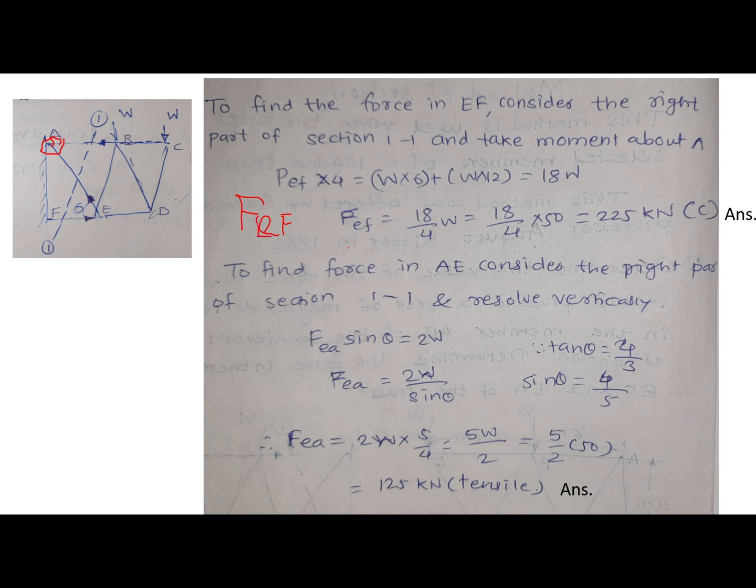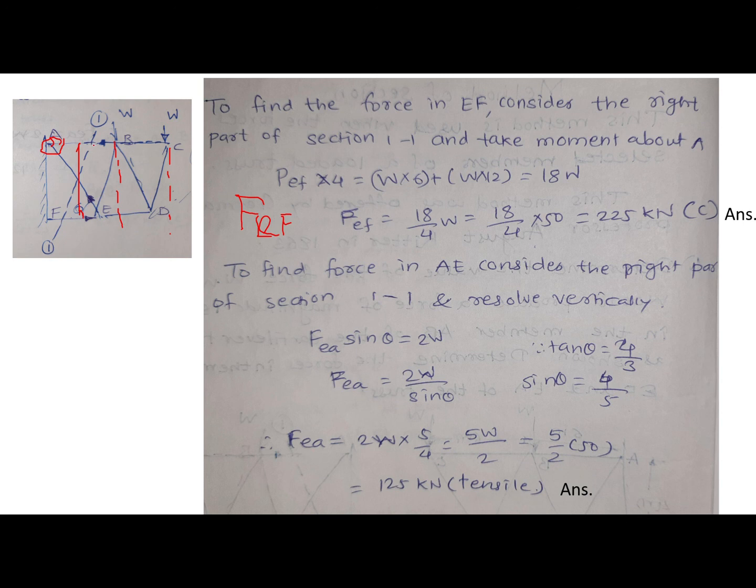So the equation we get is FEF or PEF into 4 is equal to W into 6 plus W into 12. This is nothing but the perpendicular distances from the lines of action of the forces W acting at points B and C respectively, right? And the vertical distance of this particular member EF, which is 4 meter from the geometry of the figure.